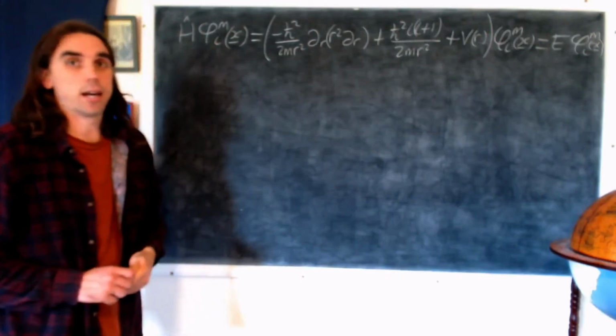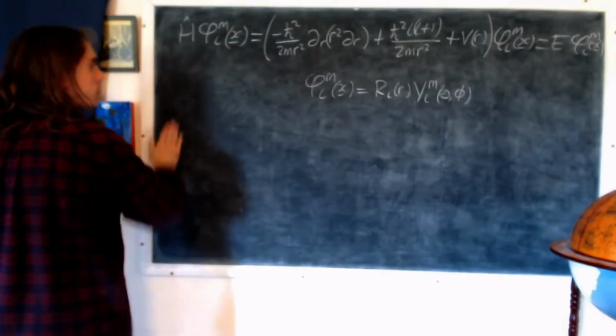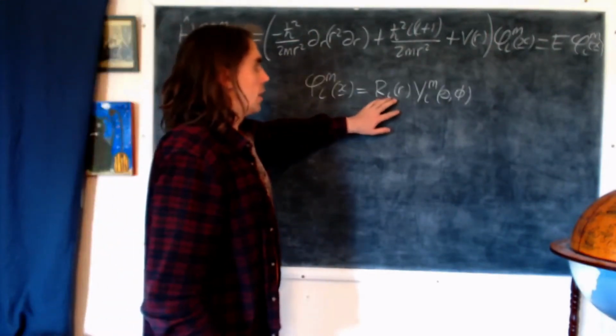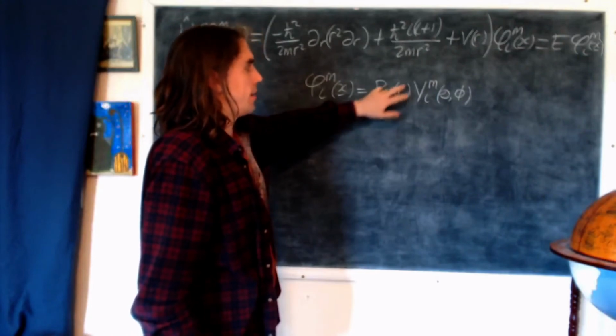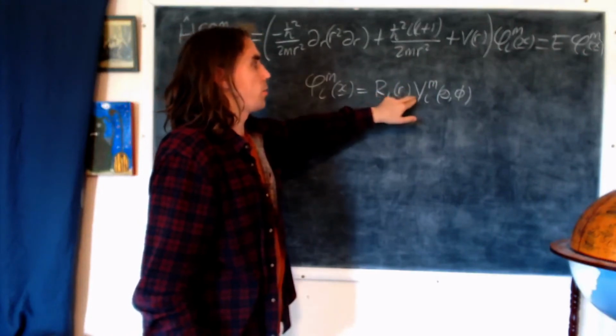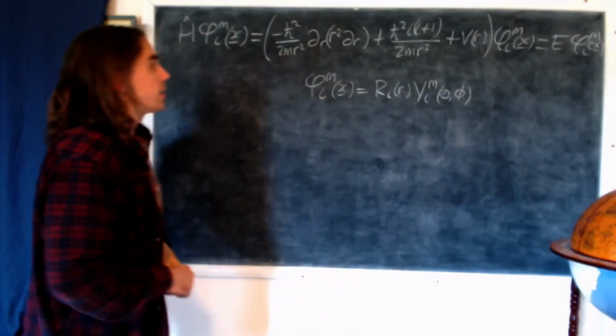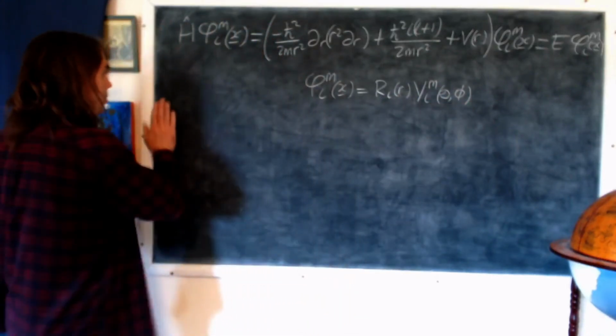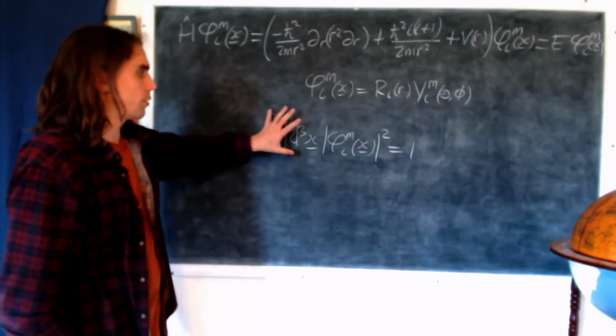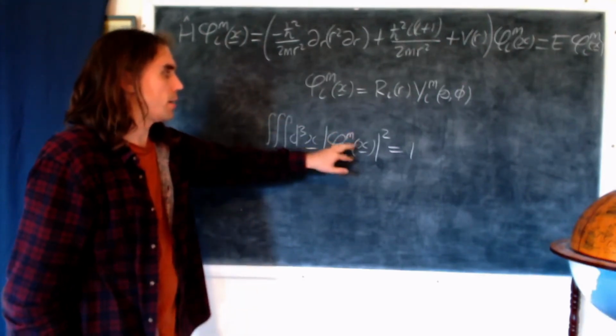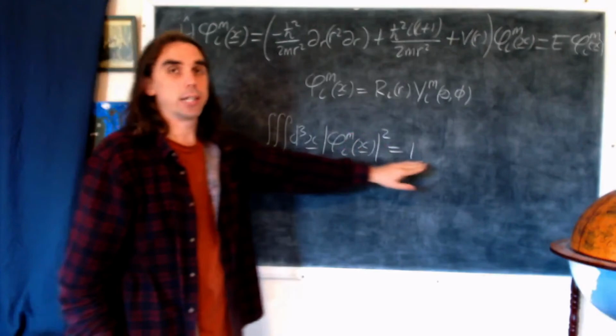And the states phi_Lm are defined as the radial function labelled by the quantum number L as a function of radius, multiplying the spherical harmonics Y_Lm as a function of theta and phi. In terms of the normalization, we'd like the following condition. The integral across all of three-dimensional space of phi_Lm(x) modulus squared should equal 1.